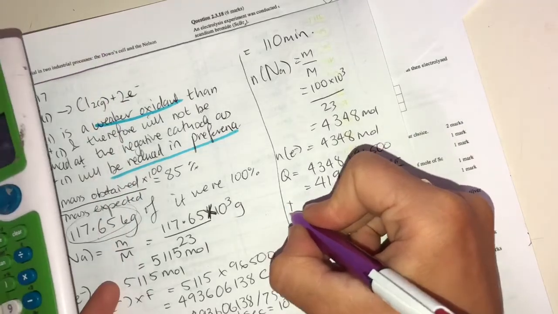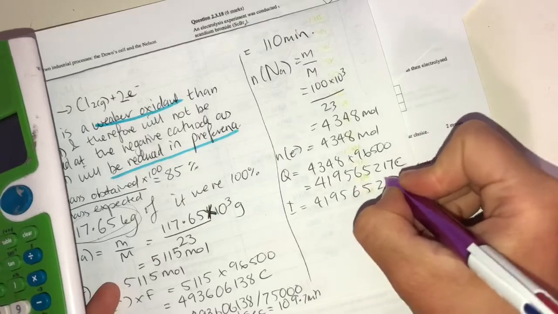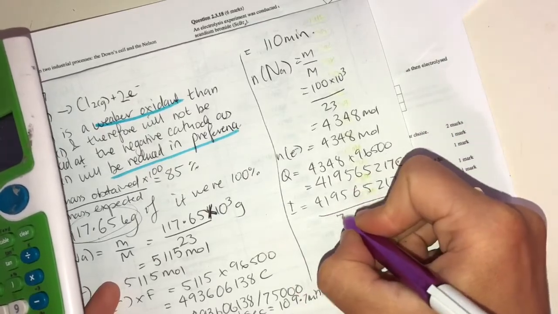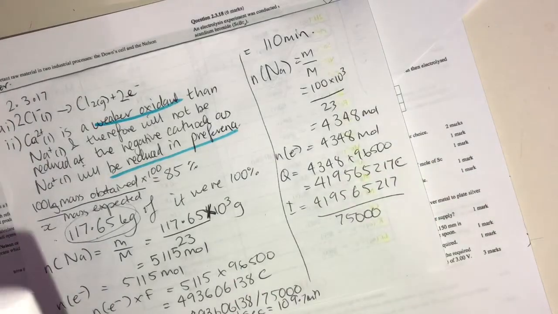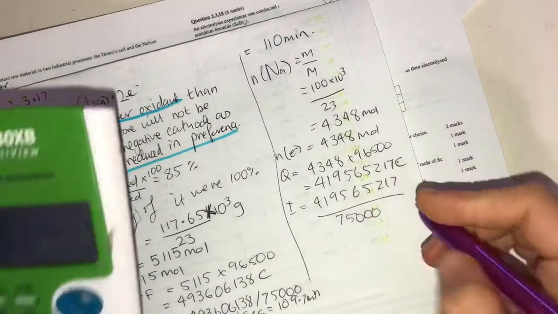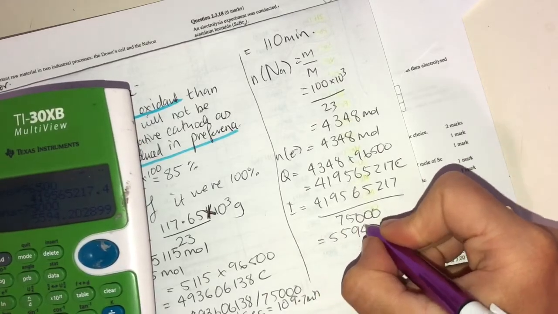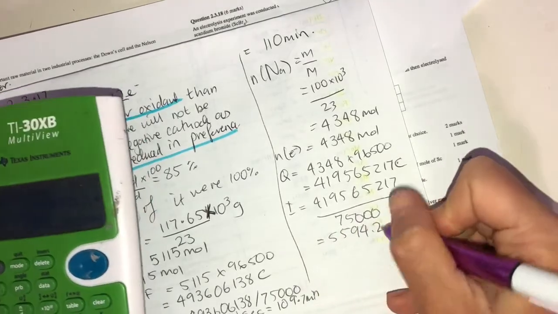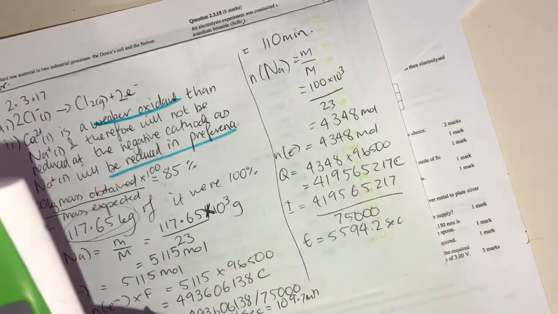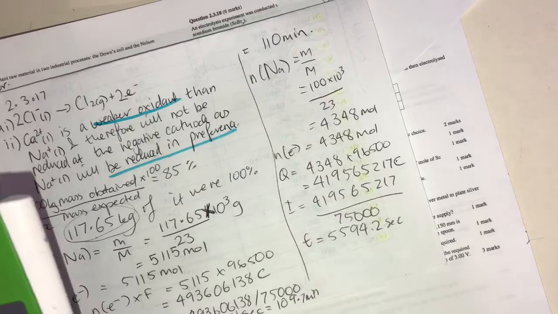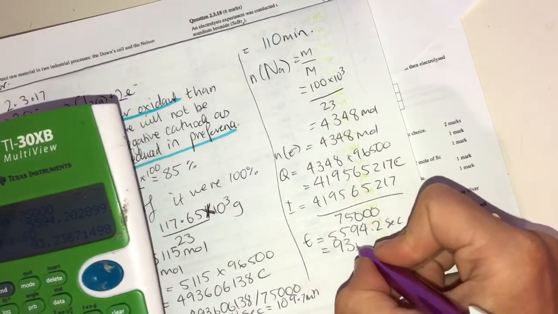And I equals divided by, so, okay, equals that many seconds. Divided by 60 equals 93 minutes.